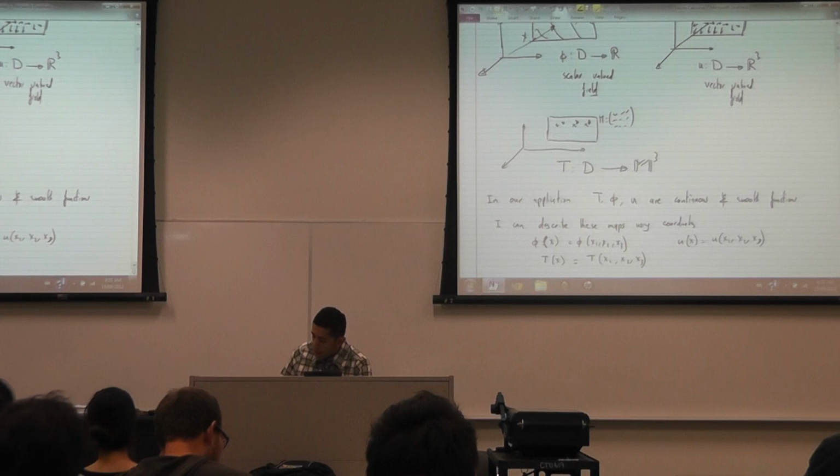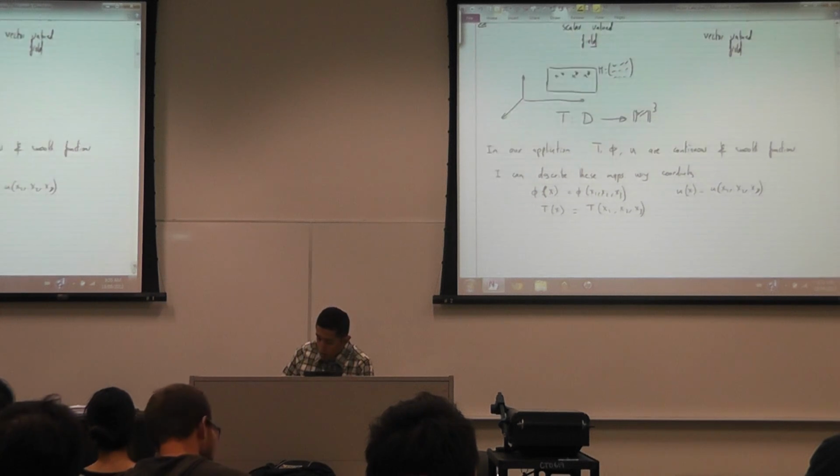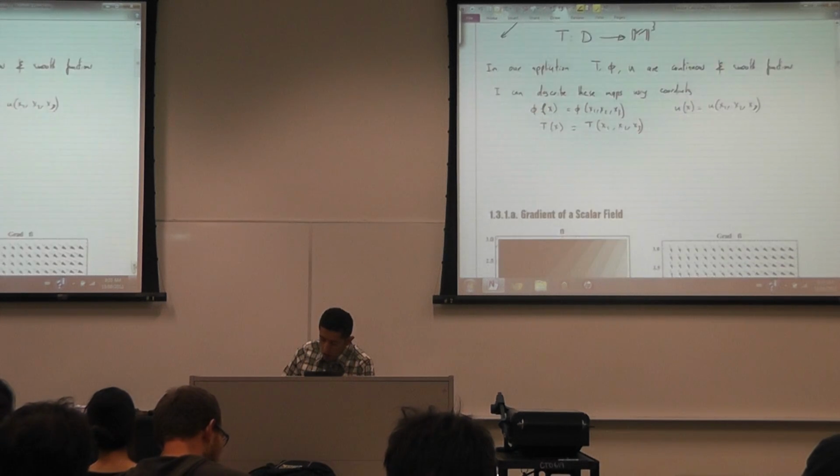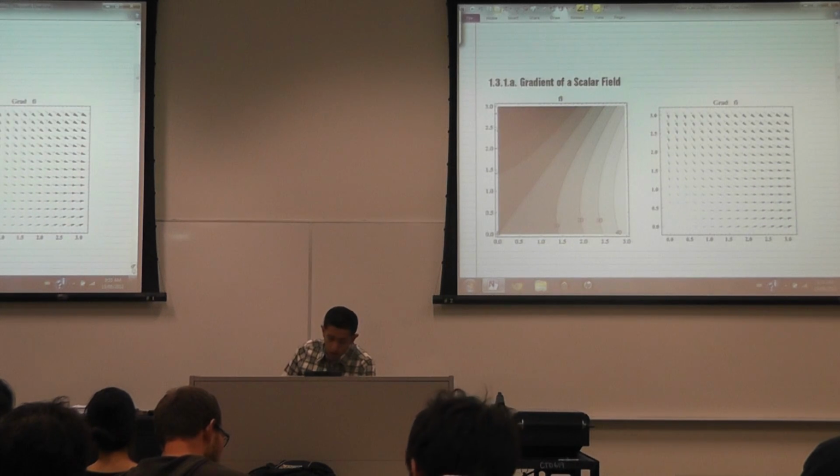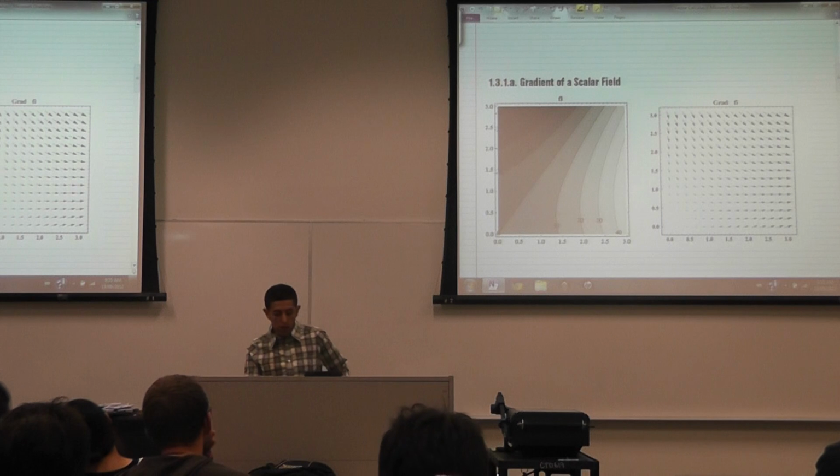And we are going to define a few things that we are going to need in the future. The first thing that we're going to define is the gradient of a scalar field.